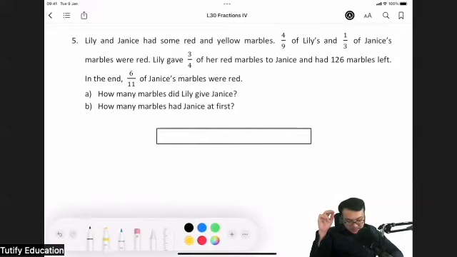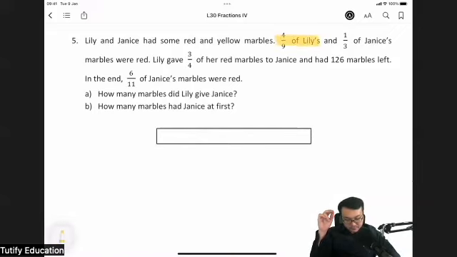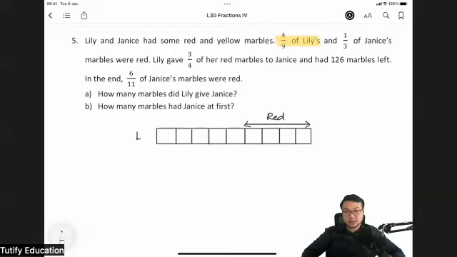So let me highlight this. 9 units, correct. So straight away I know Lily should have 9 units, so that later on I can split it up 4 out of 9. So immediately I will say 4 out of 9 of Lily's marbles were red.